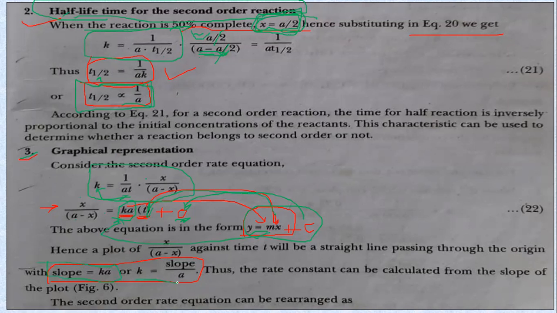Therefore, K is equal to slope upon A. This is the value of m, that is the slope. So you can find out here the rate constant, or you can find out the order of reaction. Now see.